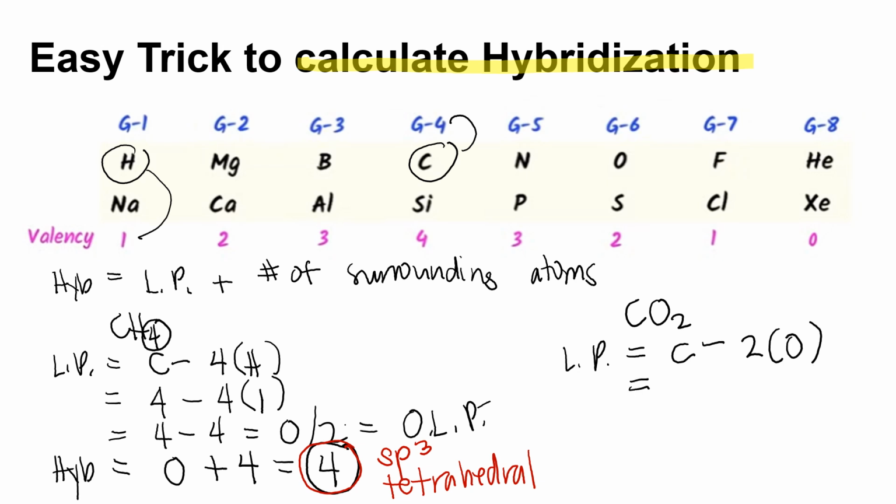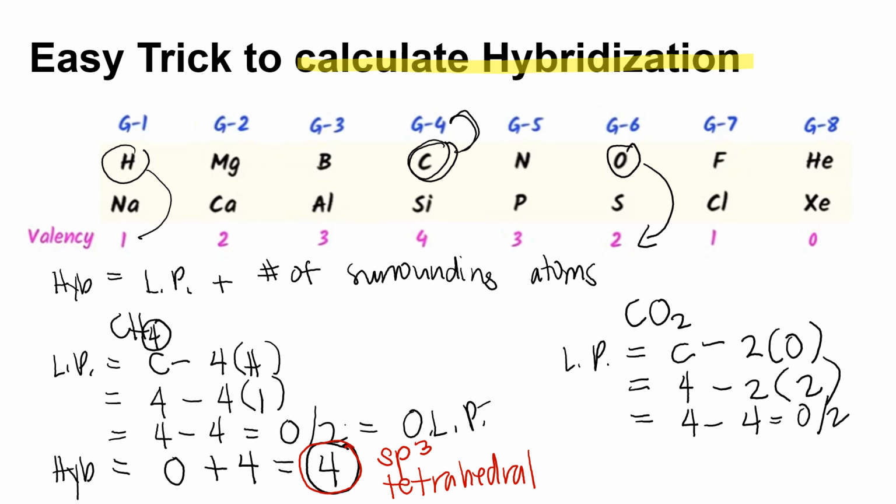The group number of carbon is still 4, minus 2 times the valency of oxygen, which is 2. So 4 minus 4 equals 0 over 2. That means you have 0 lone pairs.